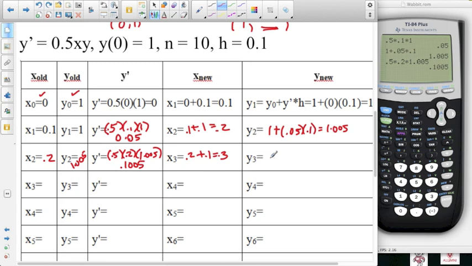And our new y3 is 1.005 plus our slope of 0.1005 times our step of 0.1.